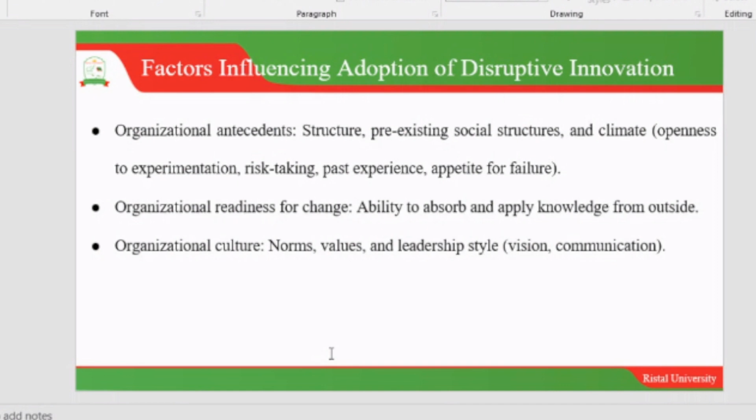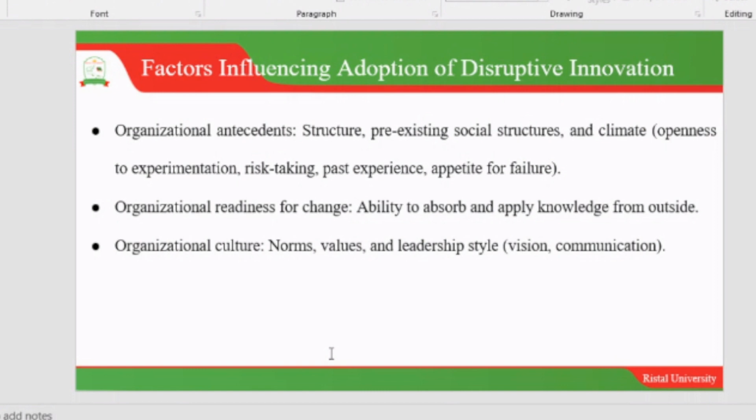If we are talking about these minimally invasive surgeries using those devices, is this hospital that we want to take this innovation to open to experimentation? Are they risk taking so that they can take a risk with this innovation and maybe hope that they will get patients who will be willing to be operated on using these new devices or not?